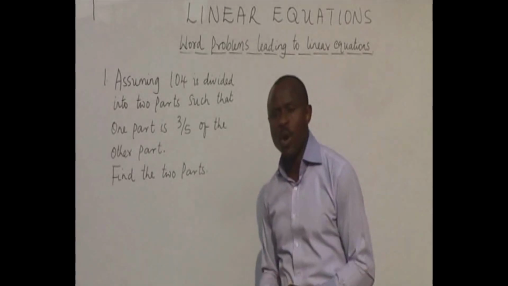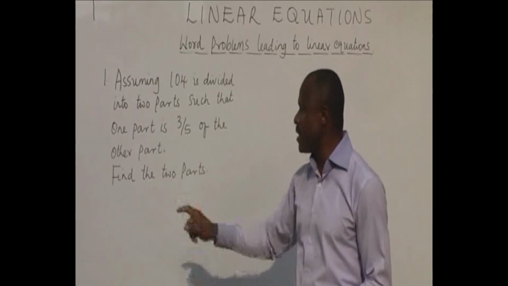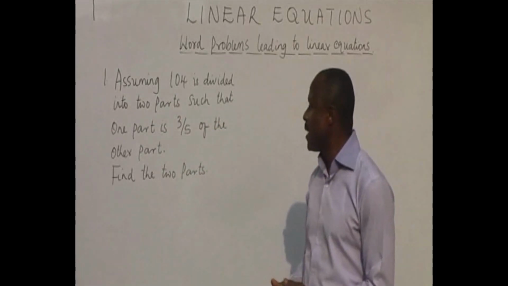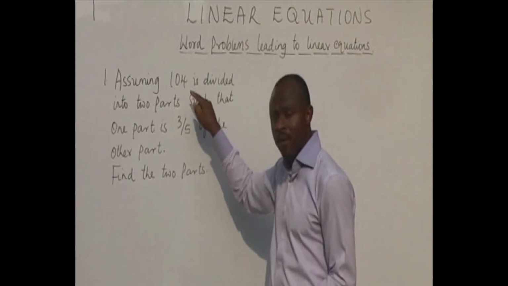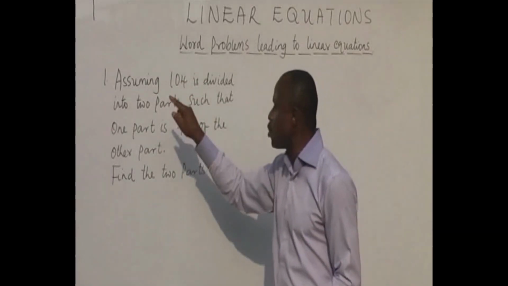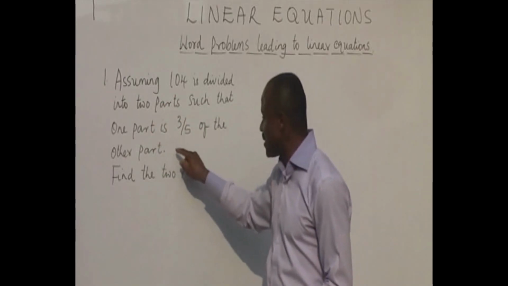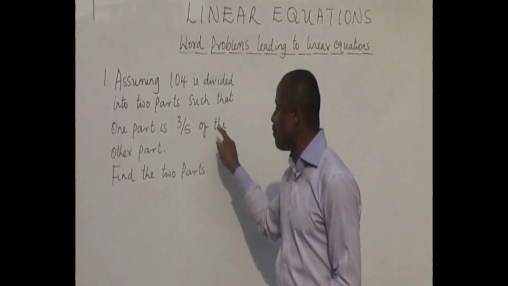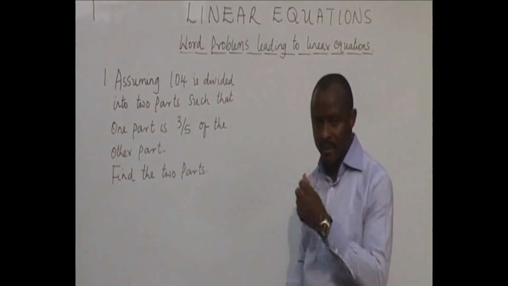The first question we want to go into is question number 1. The question says, assuming 104 is divided into 2 parts, such that one part is 3/5 of the other part. Find the 2 parts.